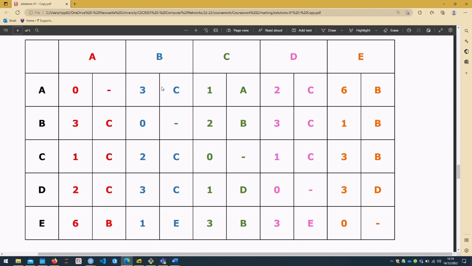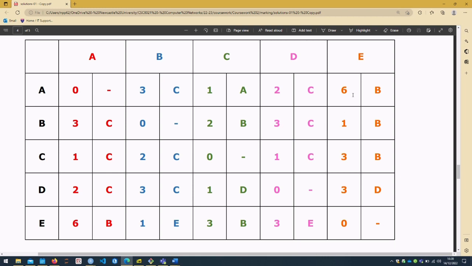B can see A, C, and E the same. In addition to that, you can see D via C with a total cost of 3. C can now see E via B with a total cost of 3. And D can now see A and B, A via C with a total cost of 2, and B via C with a total cost of 3.